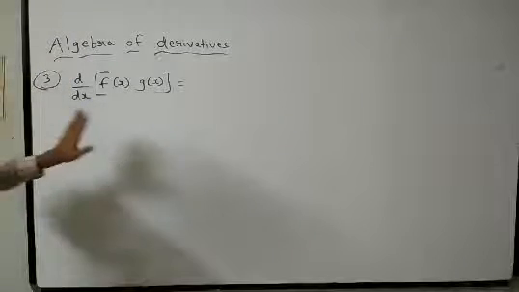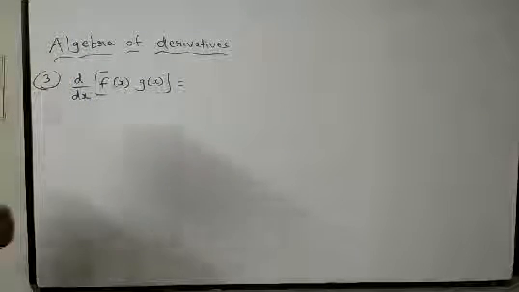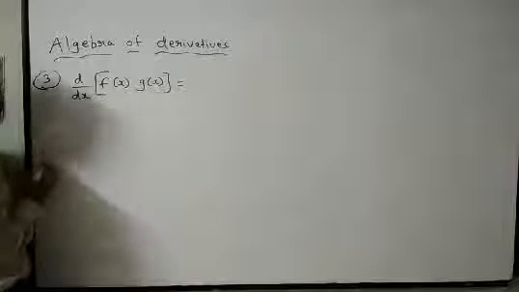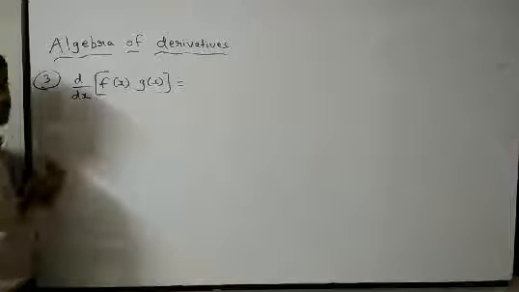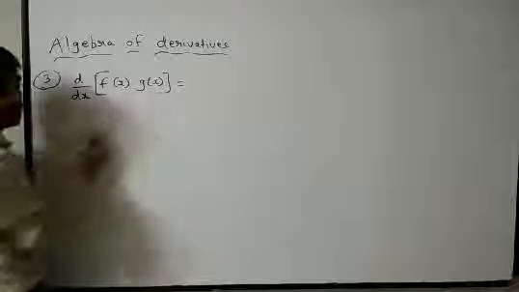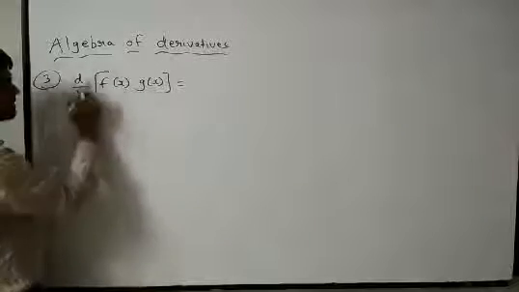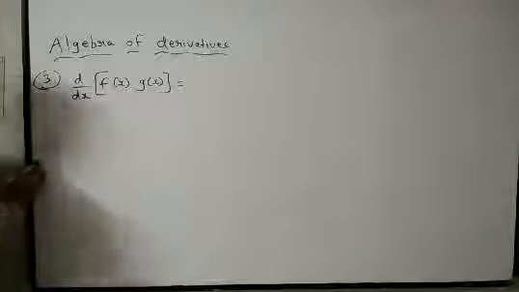So right now we will study how to multiply this. First of all consider that there is one function f of x, there is another function g of x. These both are in multiply and we have to find its differentiation. So how we are going to do that?